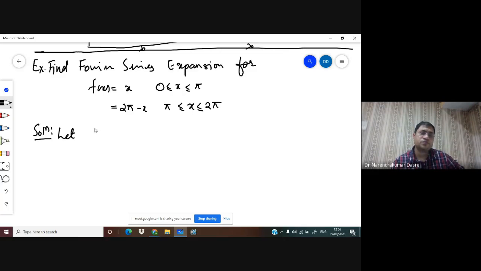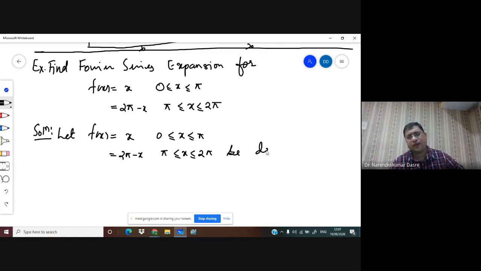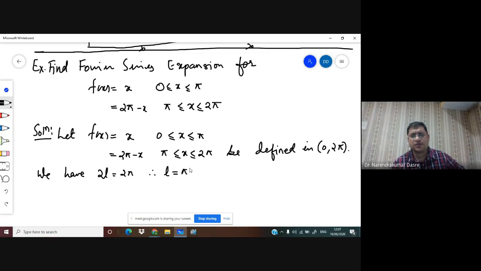Let f of x is equal to x, 0 less than or equal to x less than or equal to pi, and this is equal to 2 pi minus x, pi less than or equal to x less than or equal to 2 pi. Okay, so this function is defined in 0 to 2 pi. Then we have 2L is equal to 2 pi and hence L is equal to pi.